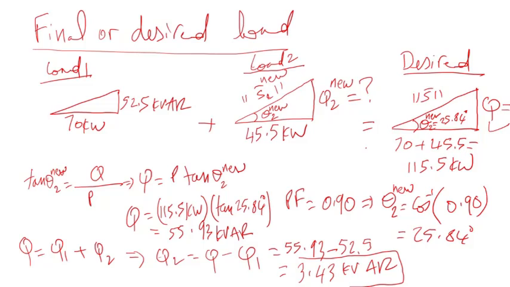And from that, when I combined load 1 and 2, I knew the power factor, I knew the real power. Obviously I can calculate the reactive power, and that reactive power is the reactive power due to load 1 plus reactive power due to load 2, which is what I'm trying to solve for. Then it just becomes a matter of simple algebra. So knowing how to work with power triangles makes it a lot easier to solve any power factor problem.